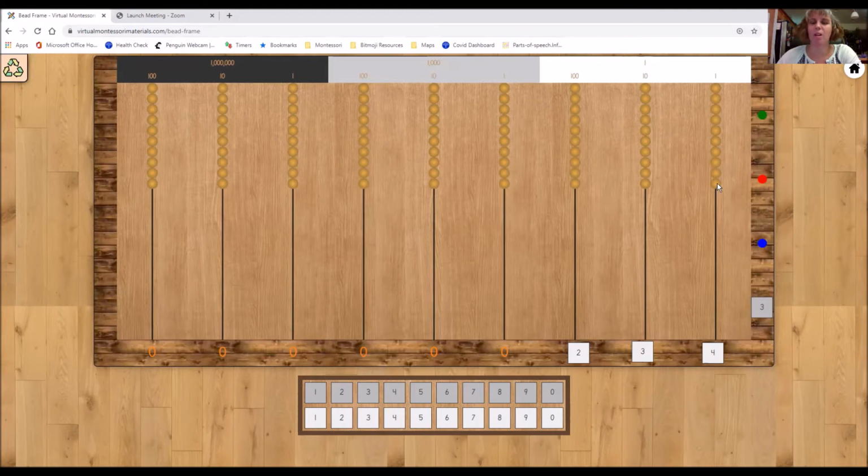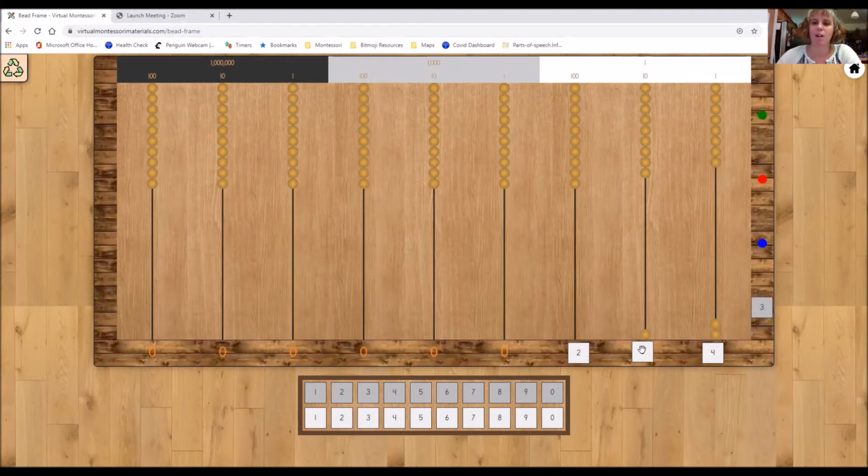It's going to go on this bar right here. 4 times 3, I can put 1, 2, 3, 4 one time. 1, 2, 3, 4 2 times. And then I've got 1, 2. I need to make a trade. Put those all back. And 3, 4. That's how I did it. Maybe you already knew that 4 times 3 was 12. 1 ten and 2 units. You can also use your finger chart to help you with this if you need to.